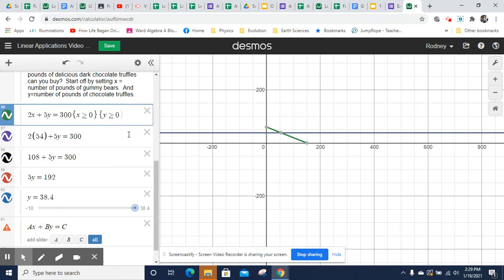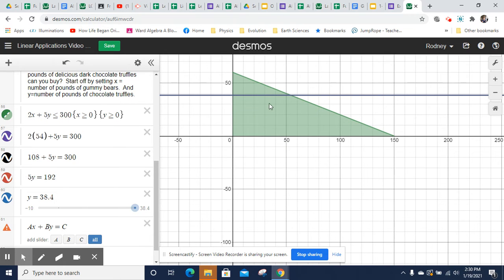Now, an interesting thing about this is that we actually don't have to spend all $300. We could spend less than $300. So you could make this into an inequality. And we would say, instead of equals, we would say less than or equals. And now you have a model for all the possible combinations that you could get.